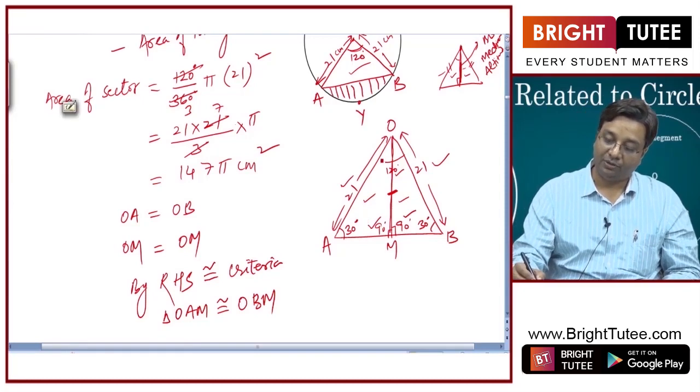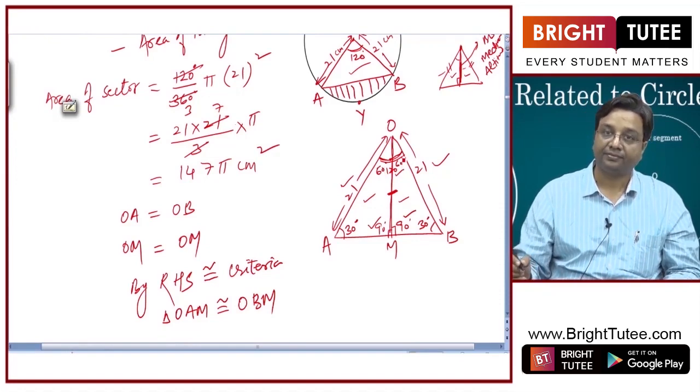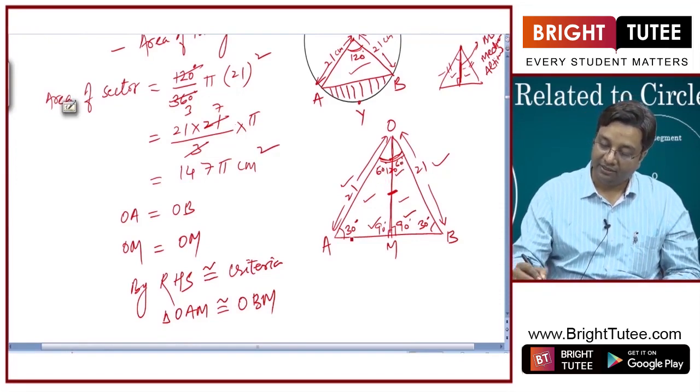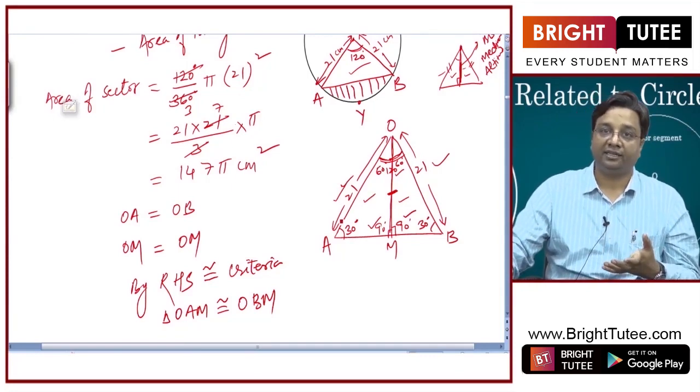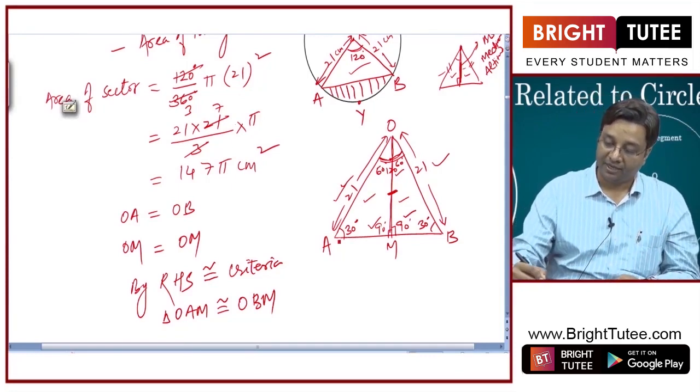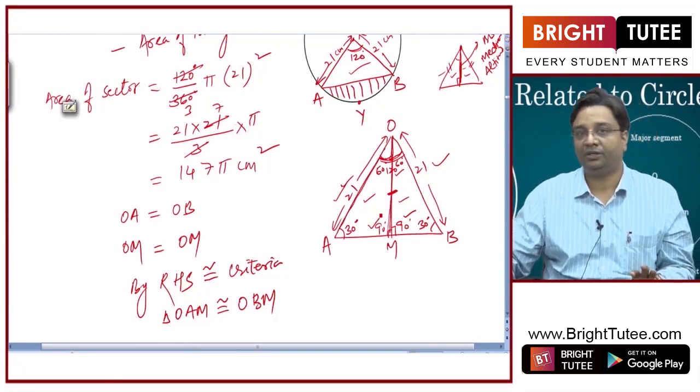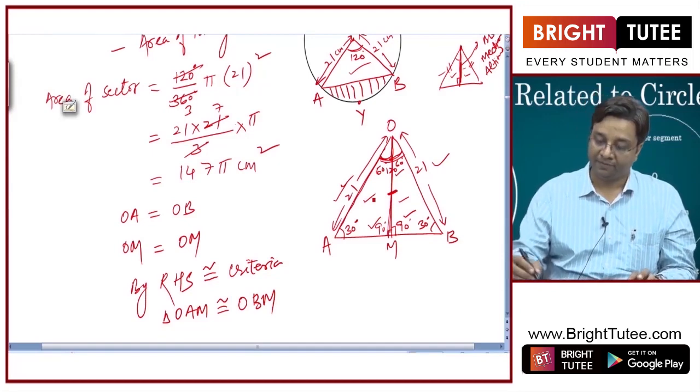Otherwise, if you know that this is also an angle bisector, you could have said that these two angles are 60-60 each, right? And then all these angles are equal and one side is equal. So by angle side angle you can prove. Otherwise, side angle side you can prove. So anyway, you can prove these two triangles to be congruent.